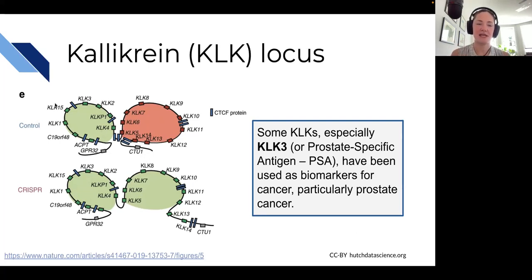And so if we take a look at this diagram they've got here, the ChIP-Seq protein is in this blue bar. And in its normal state, we can access some of these genes and transcribe them here in green. But you can see these ChIP-Seq proteins are kind of attracted to each other. They're bound up, and they've made this little loop here of KLK5 through 14 that they're not able to be accessed.